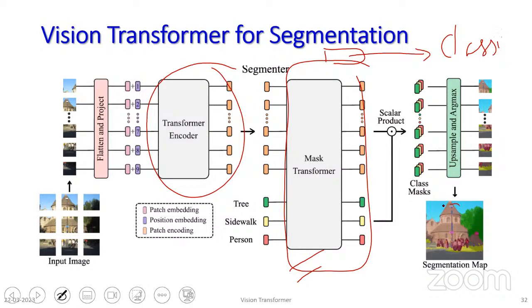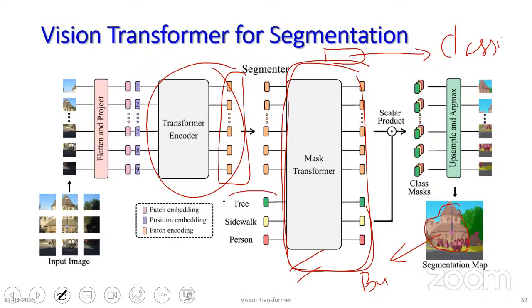For example, these pixels can be classified as having buildings, right? So basically, this is another encoder that is applied on the output of the transformer encoder. And then this is mapped with the classification score or the classification token, and pixel-wise classification is performed, right?